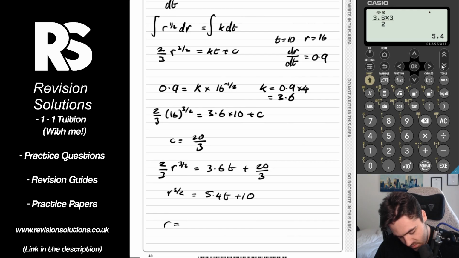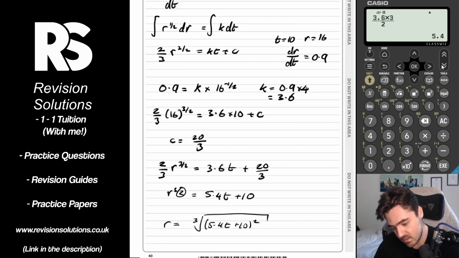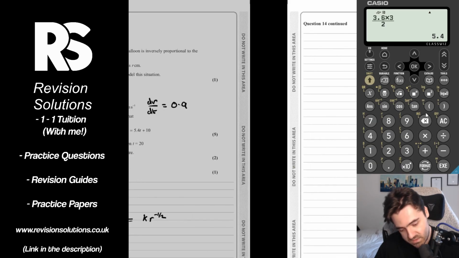So r would be the cube root of 5.4t plus 10 all squared. The squaring gets rid of this, we're raising both sides to the power of 2, then raising both sides to the power of a third gets rid of that, and then you've got r to the 1, which is what you want. And then we're interested in this for t equals 20.